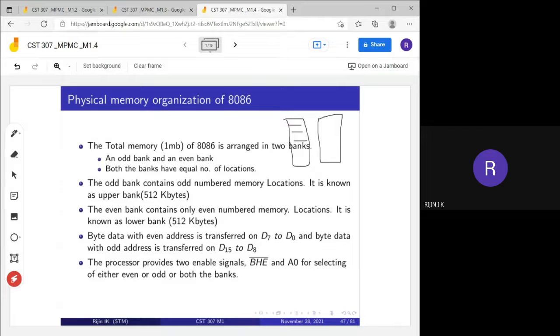So the first address line is A0, and then BHE bar. BHE bar means bus high enable. So these two enable signals provided by the processor, BHE and A0, are for selecting either the even or odd or both banks.